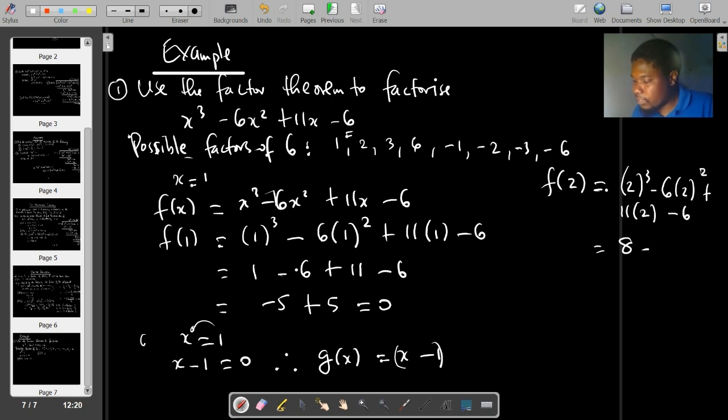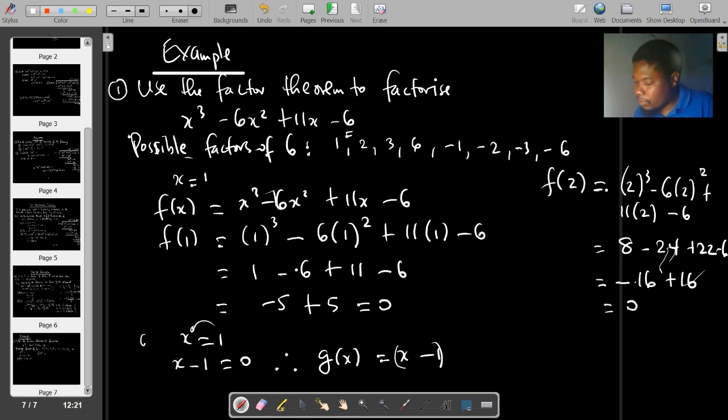That gives us 8 minus 24 plus 22 minus 6. 8 minus 24 gives us negative 16, and 22 minus 6 is plus 16.